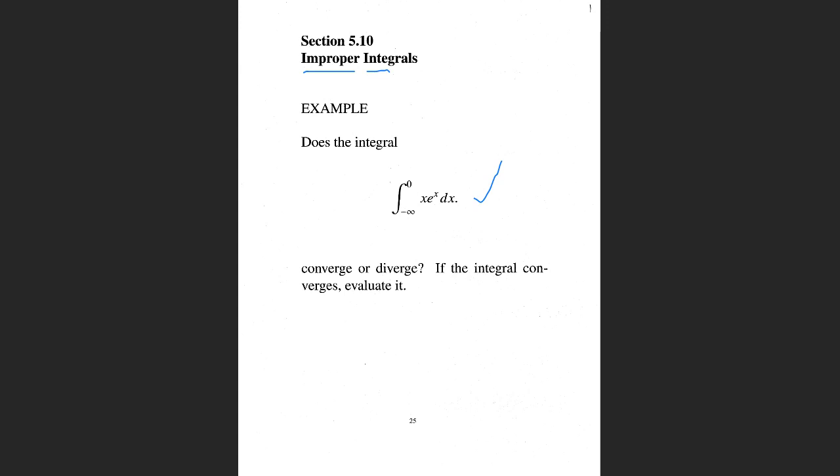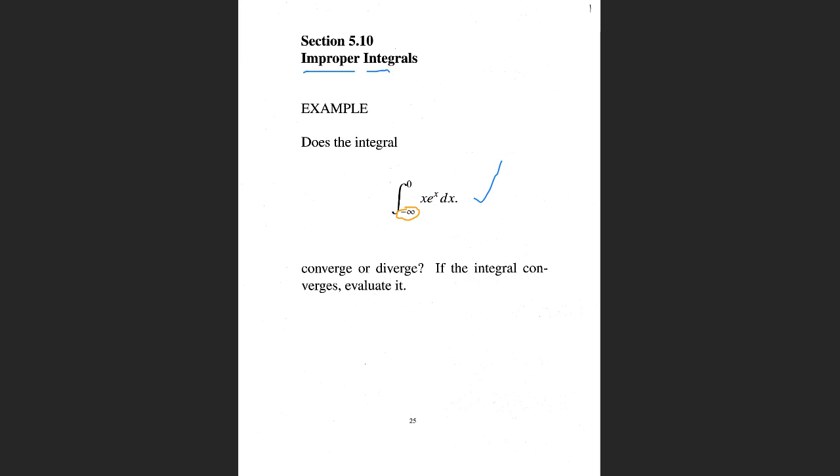Why are we calling it an improper integral? Samuel? Yep. Because its lower bound is negative infinity. That's right. Very good. The lower bound for that integral is negative infinity.